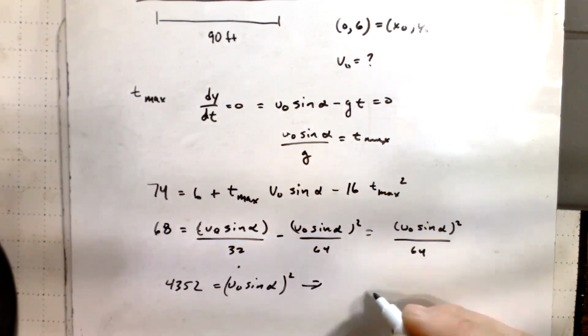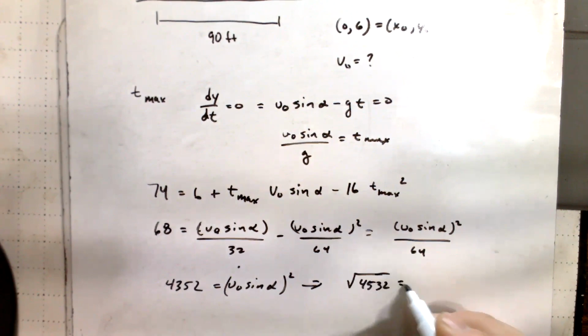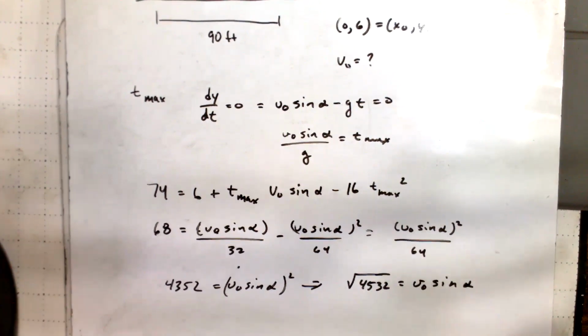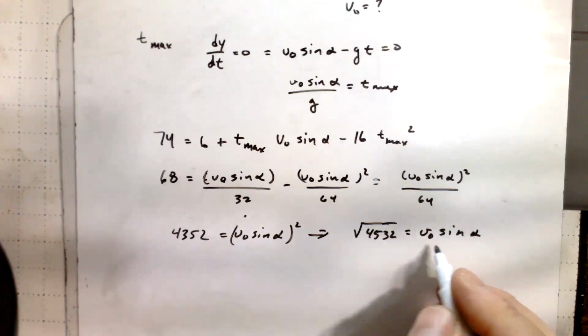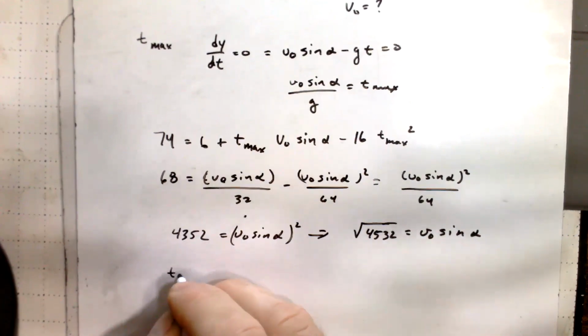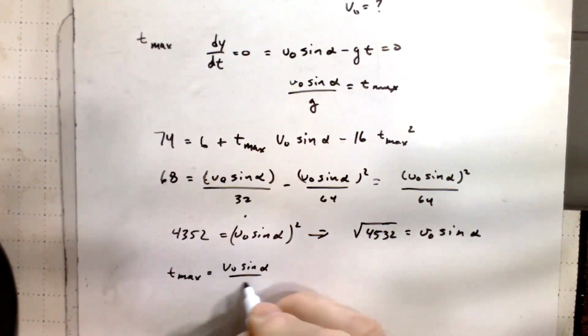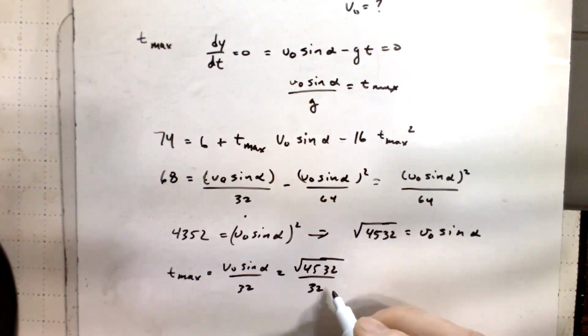Taking the square root, we get the square root of 4352 is equal to V naught sine alpha. Now, this doesn't tell you anything about the individual values, it tells you that the product has to equal that amount. But that's perfect, that's all we need. So T max is equal to V naught sine alpha over 32, which means the square root of 4352 over 32.